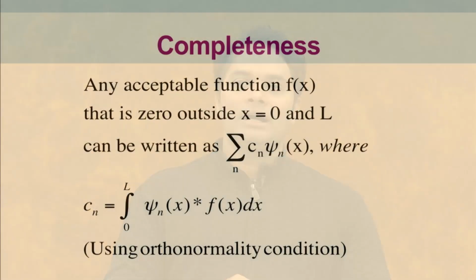So I can write any well-behaved acceptable function f of x as a linear combination of the eigenfunctions of this particular problem. Once again, this is true for the eigenfunctions of any given quantum mechanical problem, where the Cn's are constants and have a very important interpretation. Cn can be calculated by this expression, which you can easily derive using the orthonormality condition.